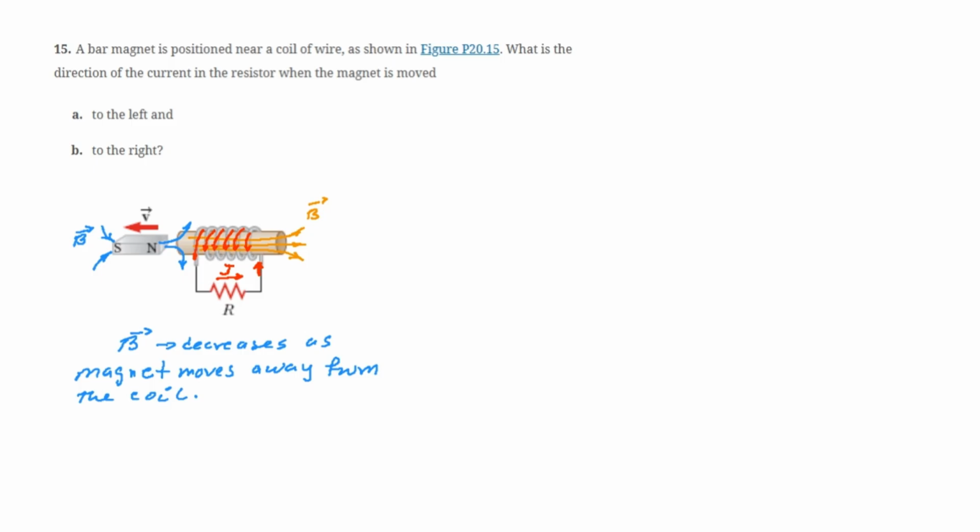So as the magnet moves away to the left, this magnetic field is decreasing. So you need to counteract that decrease. The current that will be induced is going to counteract that decrease. And how can it counteract that decrease?